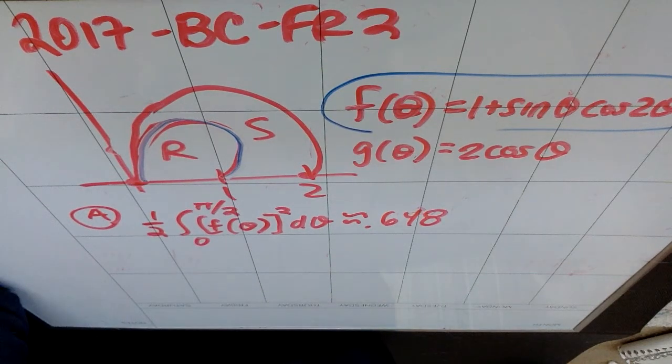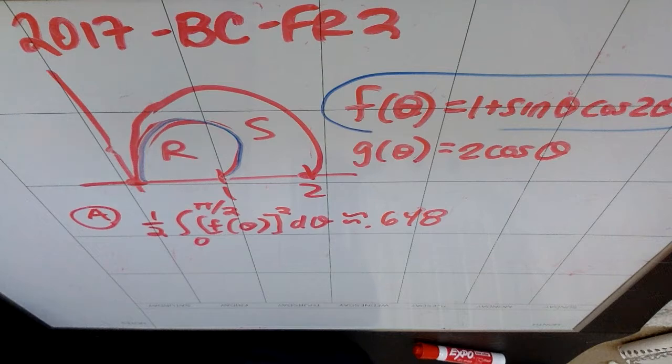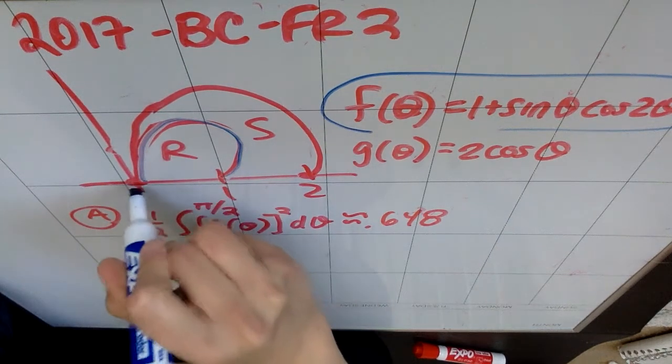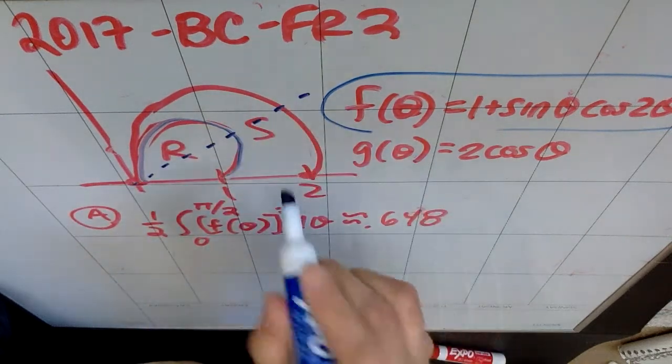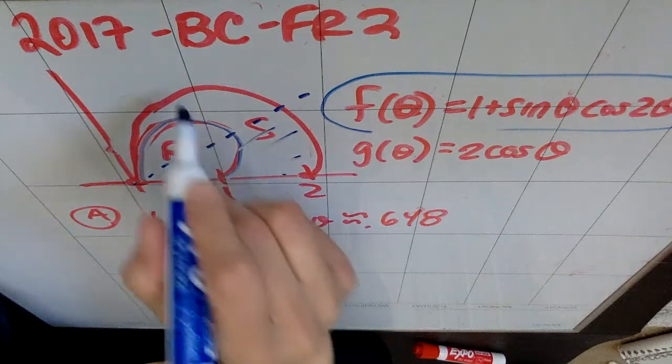Part B. The ray theta equals k, where k is somewhere in the first quadrant between 0 and pi over 2 exclusive, divides S into two regions of equal area, right? But do not solve an equation involving one or more integrals to find the value of k. So somewhere in here, there's some mystery line, where theta is k, that makes this half of S equal to this half.